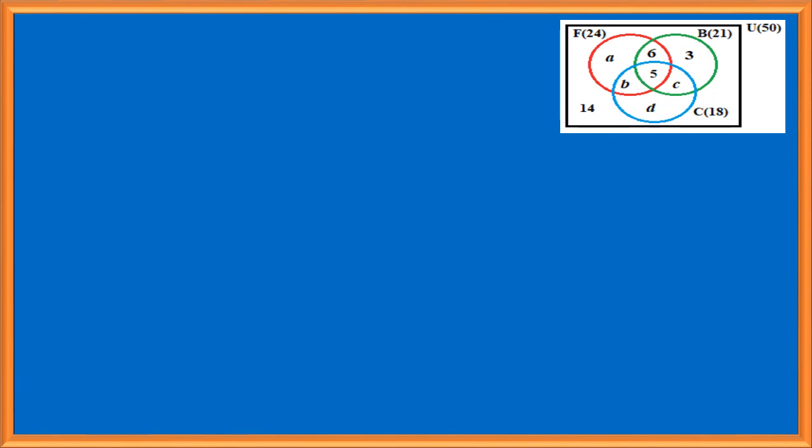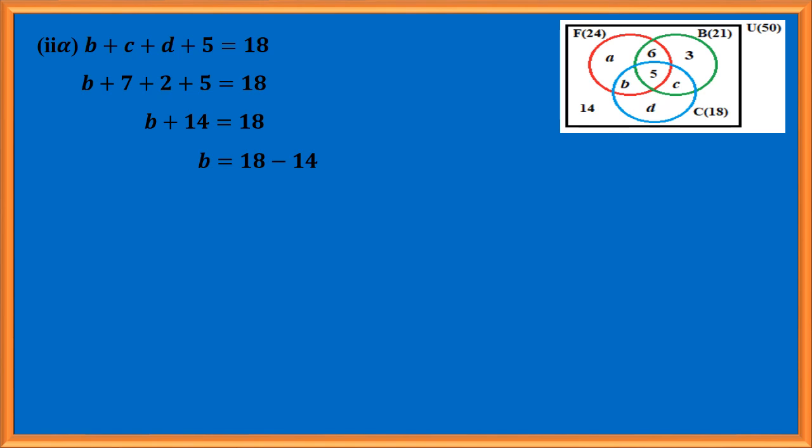So doing that, we have B plus C plus D plus 5, and that should be equal to 18. But we know the value of C and D, so replacing them, that gives us B plus 14 will now be 18, making B the subject. B will be equal to 18 minus 14, which is equal to 4. So we can conclude that 4 students like football and cricket only.